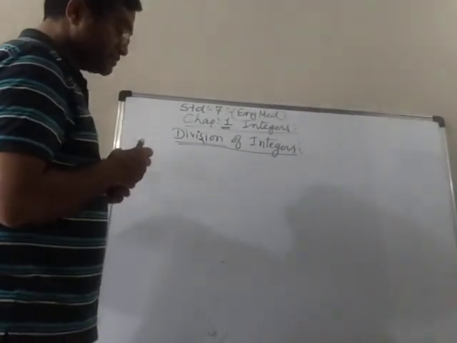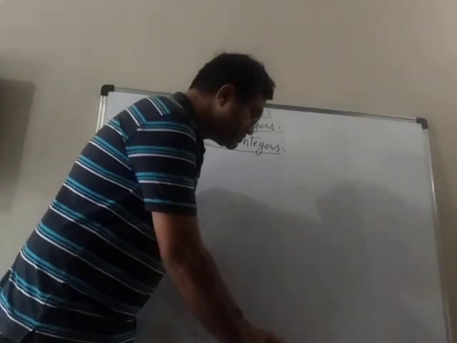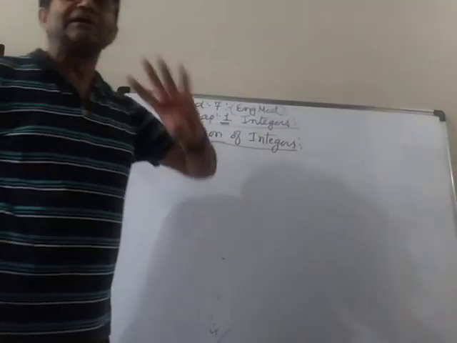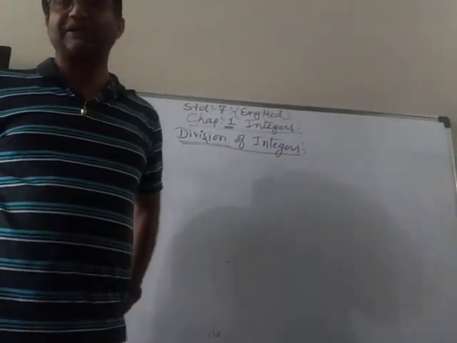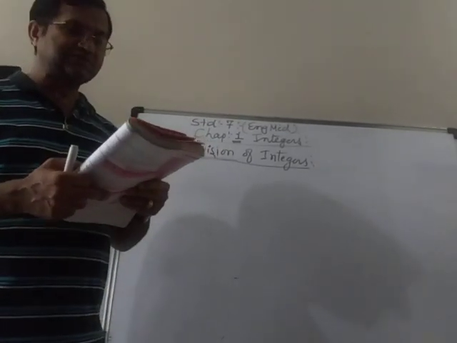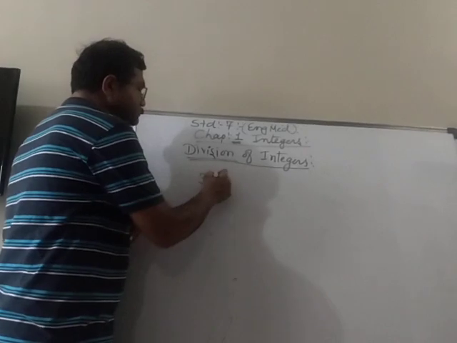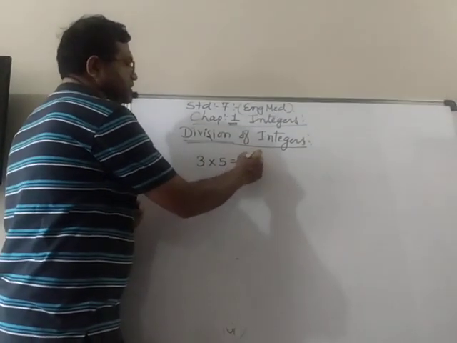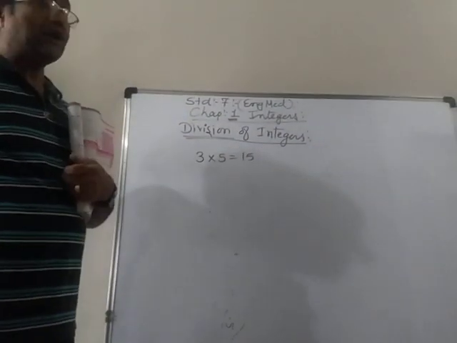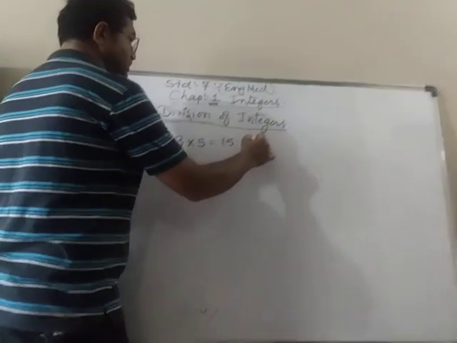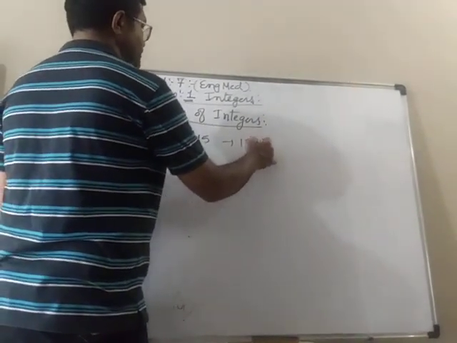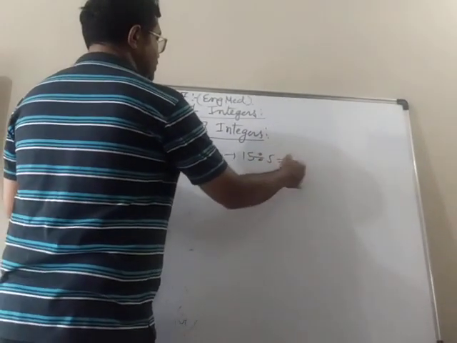Now division, actually, division is nothing but the reciprocal of the multiplication. Just we have to do the reciprocal. Suppose 3 multiplied by 5 is 15. Now you know that 15 divided by 5 is equal to 3.